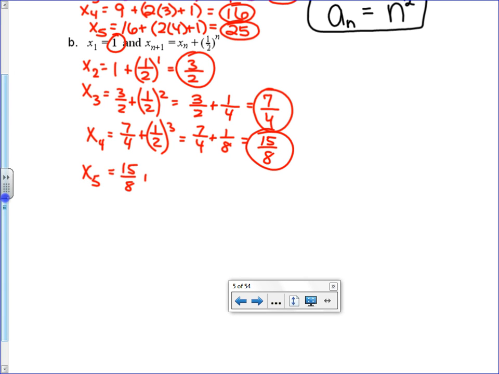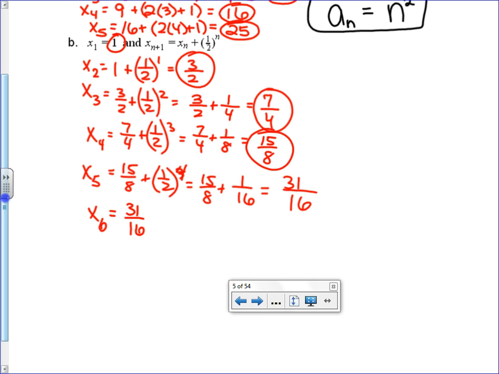15/8 plus 1/2 cubed. Oh no, fourth. 15/8 plus 1/16. Last one. The bottom is each getting multiplied by 2, by 2, by 2, right? 1 times 2 times 2 times 2 times 2.